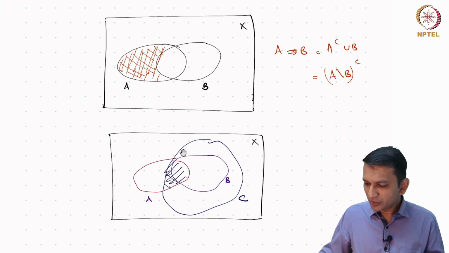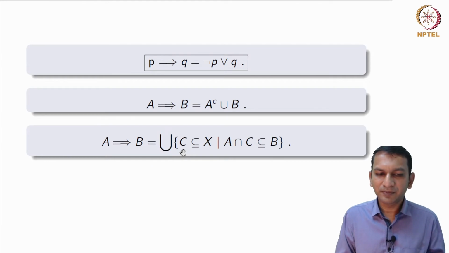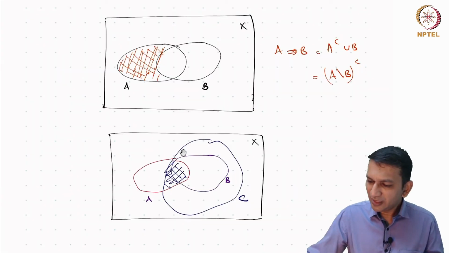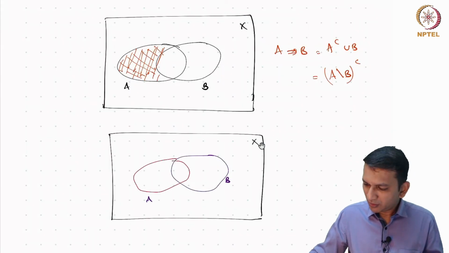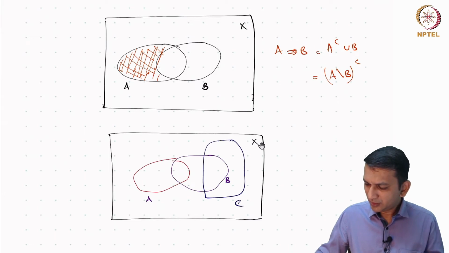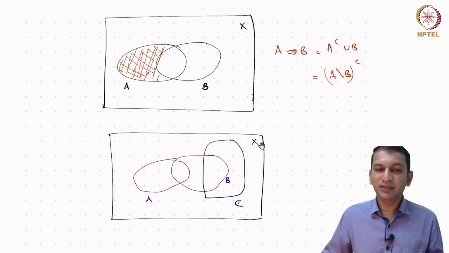But unfortunately, if you look at A intersection C, it is not completely contained in B. So this C is practically useless for us. It will not fall into this set here. What about this C? A intersection C is empty, but the empty set is contained in any other set, even a non-empty set. So that means this C also can be considered.